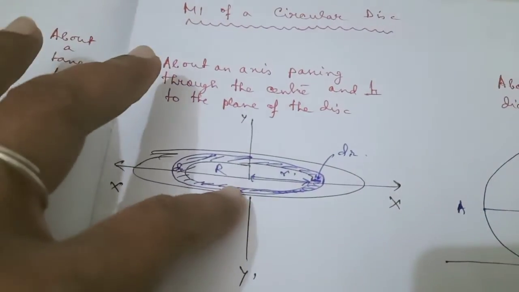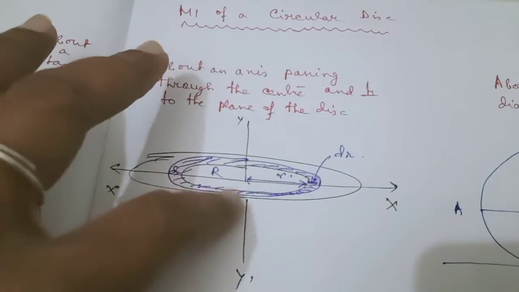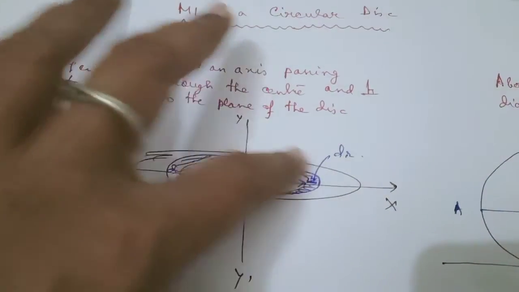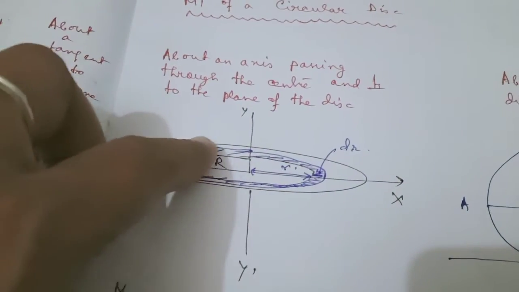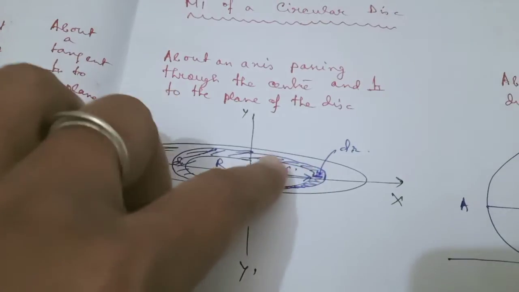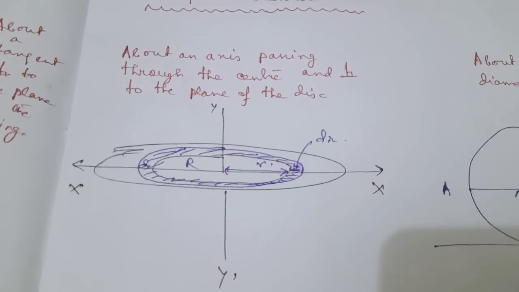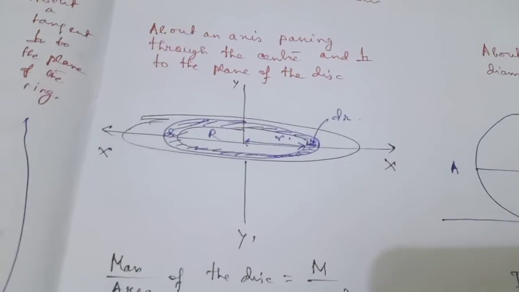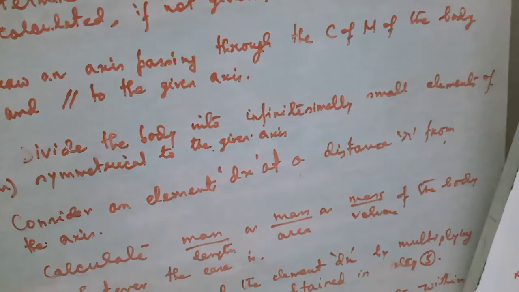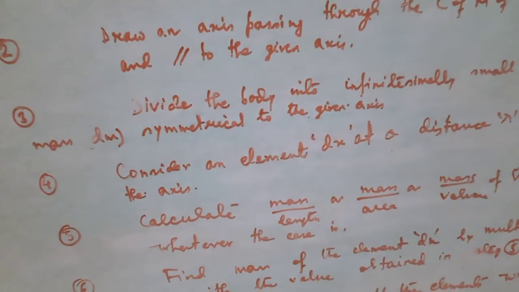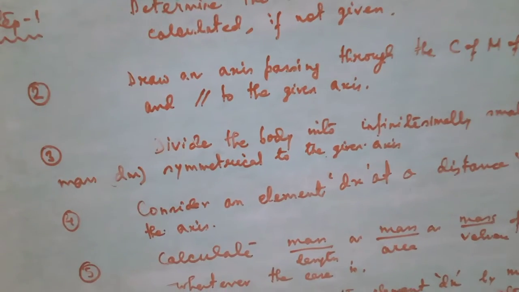To make it symmetrical, we have taken dx equally from all points. That means we have considered a circular ring where element dx is present at equal distance. So it is a completely symmetrical figure, and we know that we have to take a symmetrical figure because we have to divide the body into small elements of mass dm symmetrical to the given axis. This is a very important point, symmetrical to the given axis.